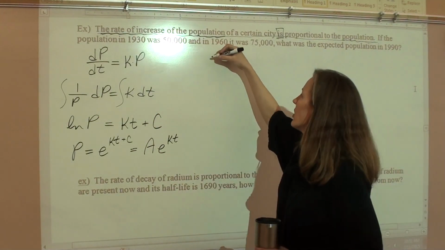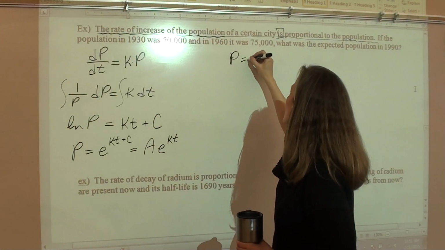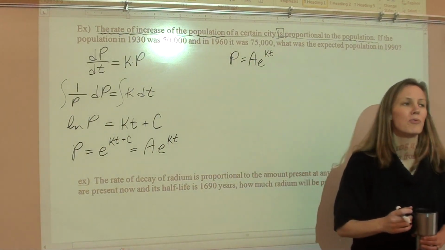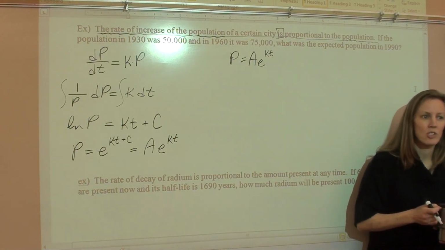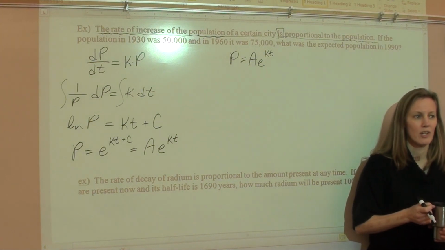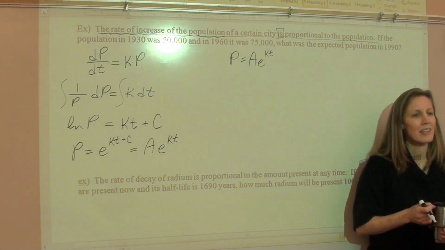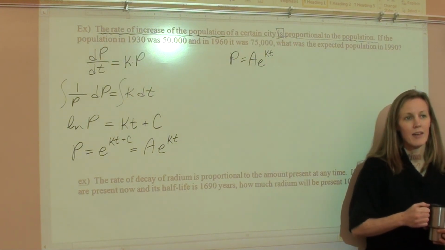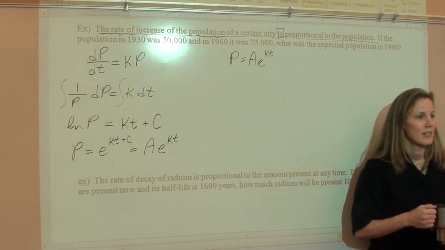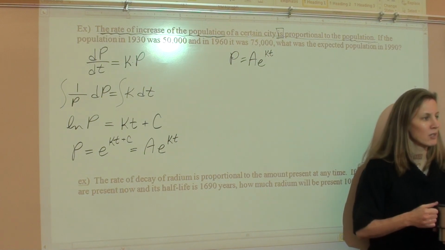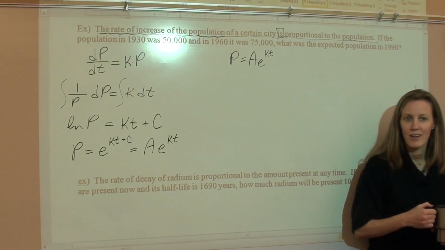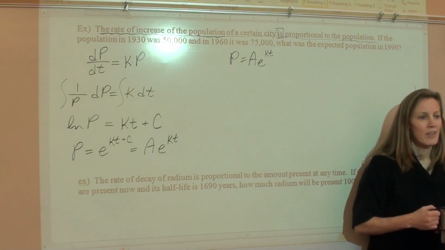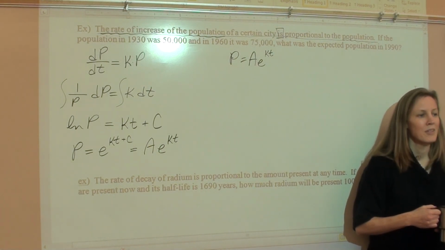So if we start off with the formula P equals A e to the kt, does this formula look familiar to any formulas you have learned? It does look like the exponential growth formula. Does anyone know what that formula normally is written as? Yeah, P e to the rt, Pert.